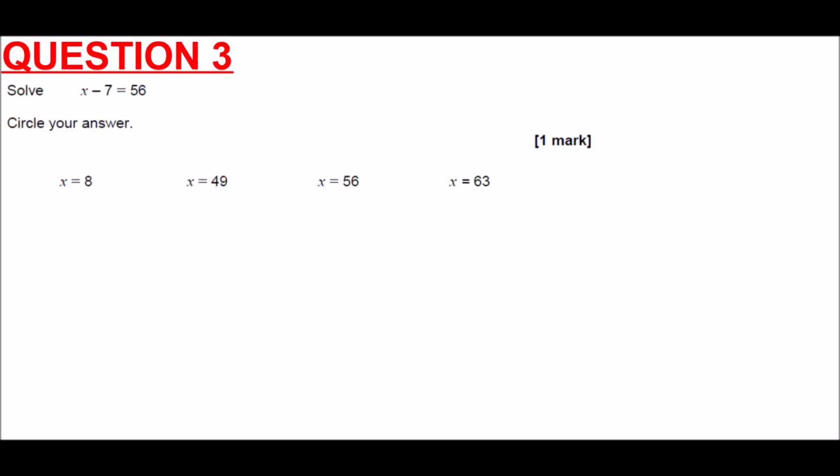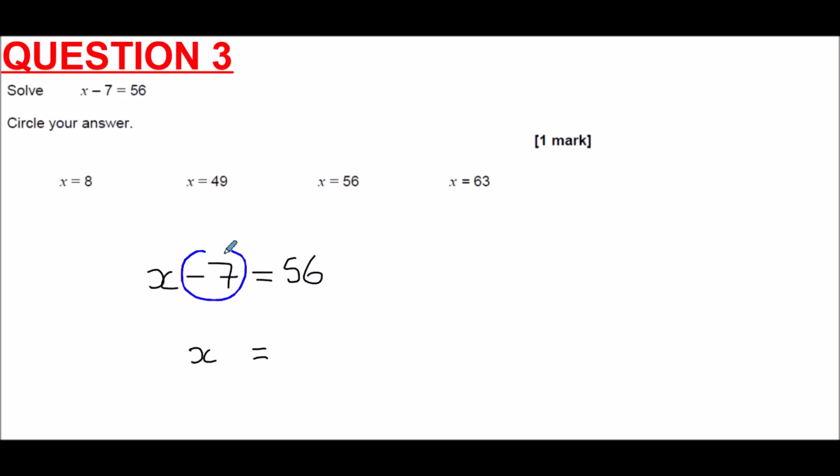Question 3, we've got a one-step equation to solve here. X minus 7 equals 56. So an equation's only solved when we've worked out what the unknown thing is worth. So we want to get to the point where it's x equals whatever. So one way we can think of this is we need to get rid of that 7, which is a minus.